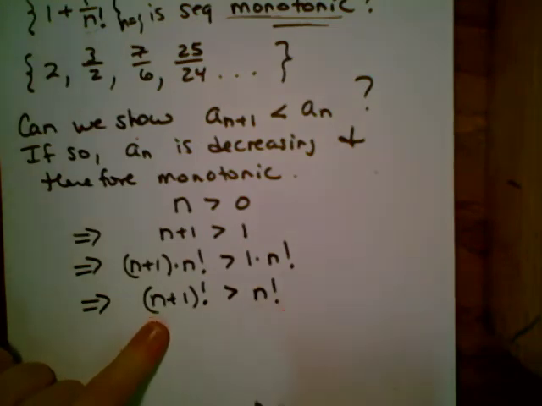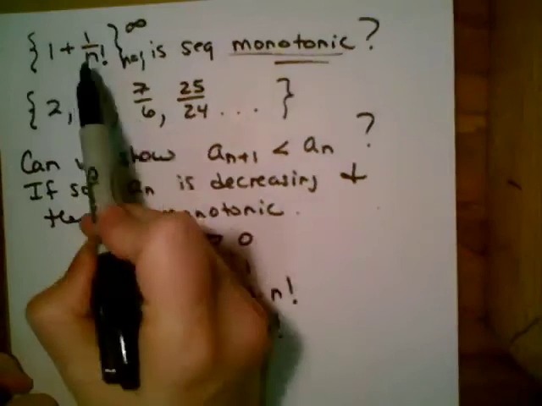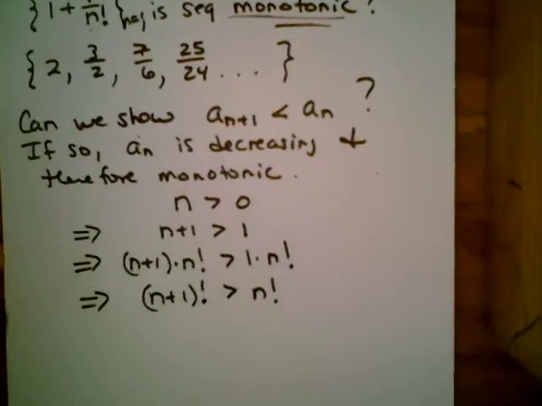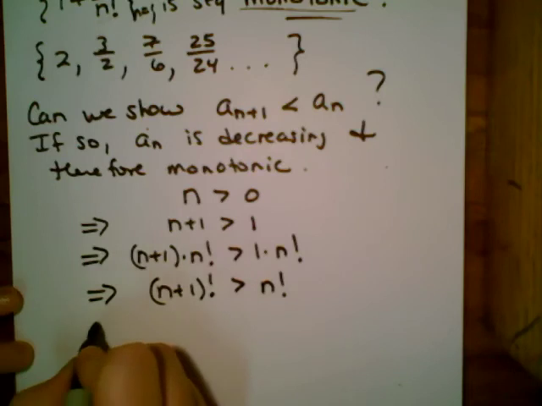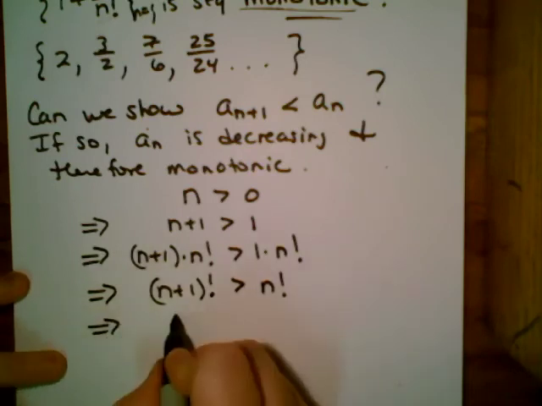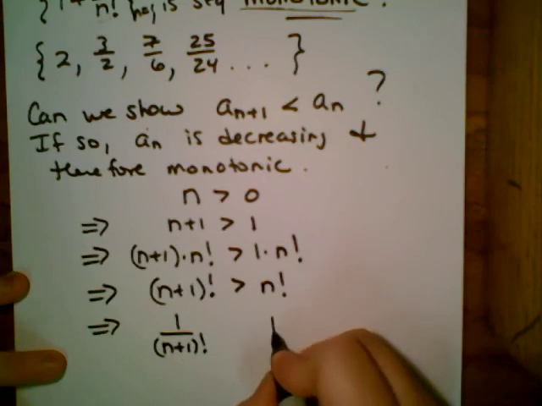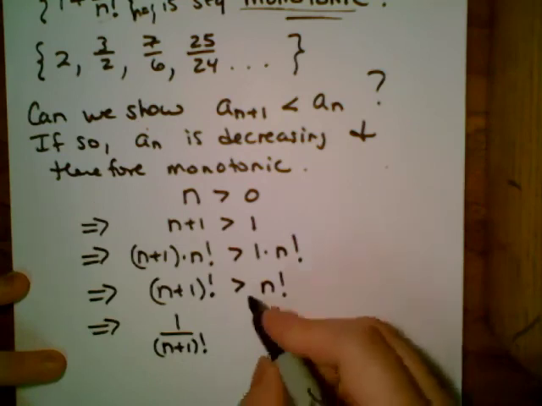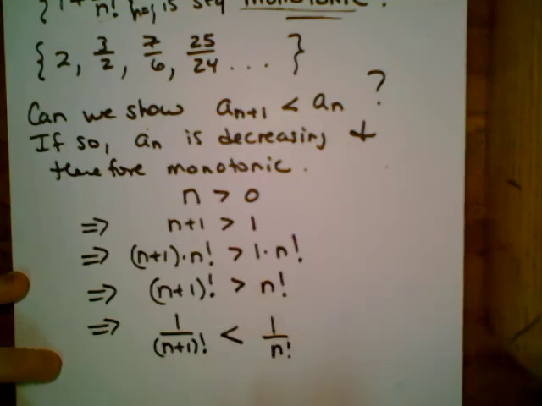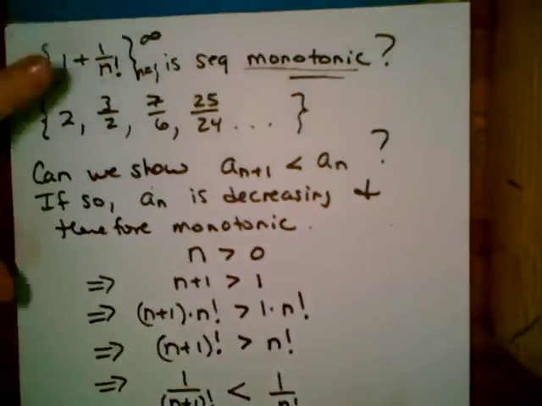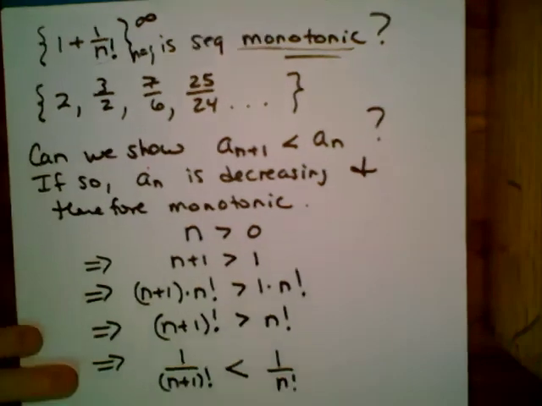Okay, but our sequence is written with reciprocal terms with the factorial, and if we take the reciprocal of each side of this inequality, then that will flip the inequality, and we're starting to look like the terms of our sequence.